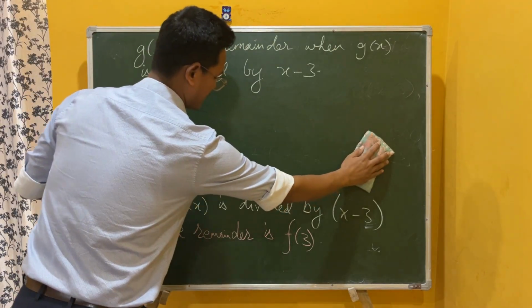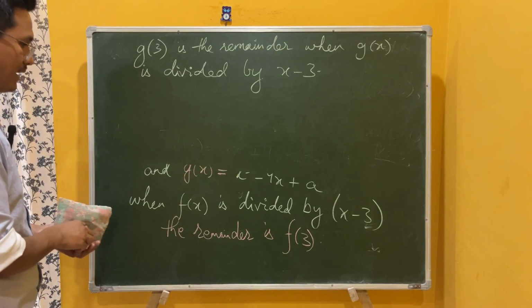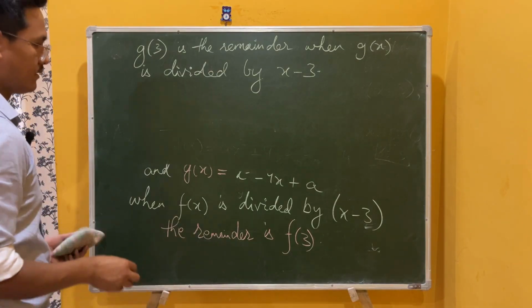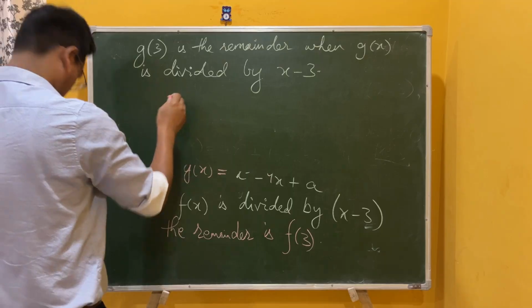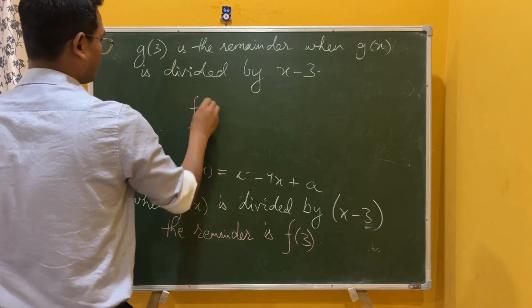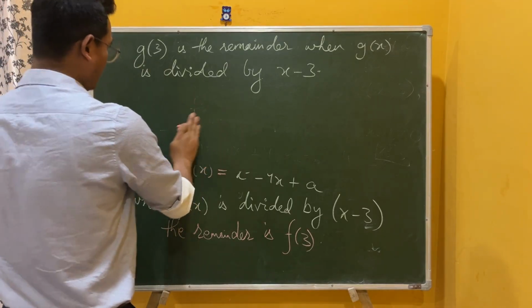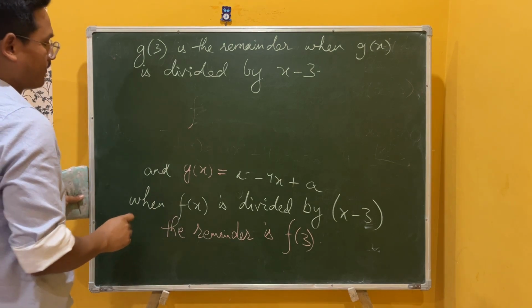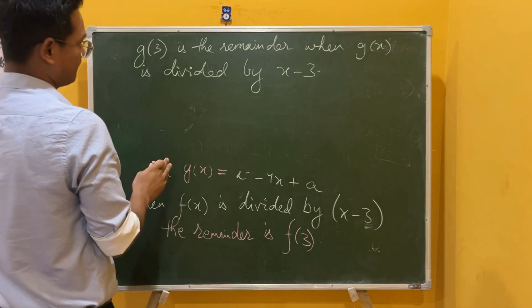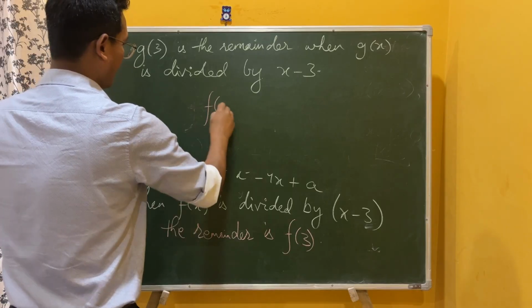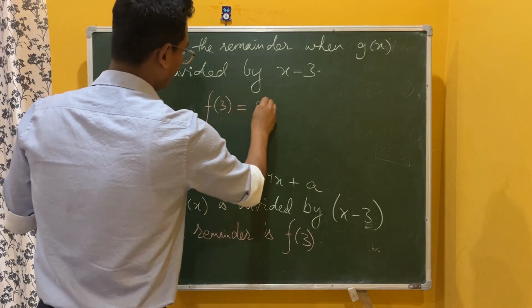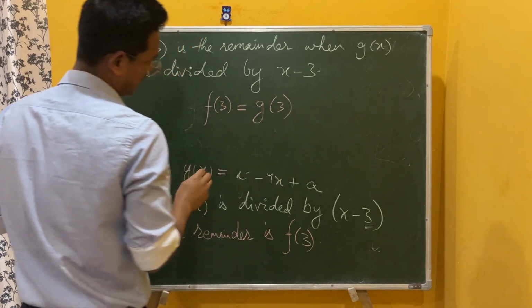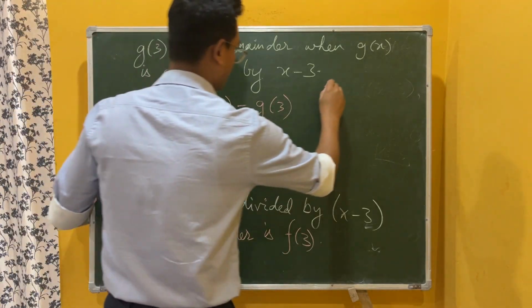So what's next? They say that the two remainders are equal. That means f of 3 is equal to g of 3. This is given.